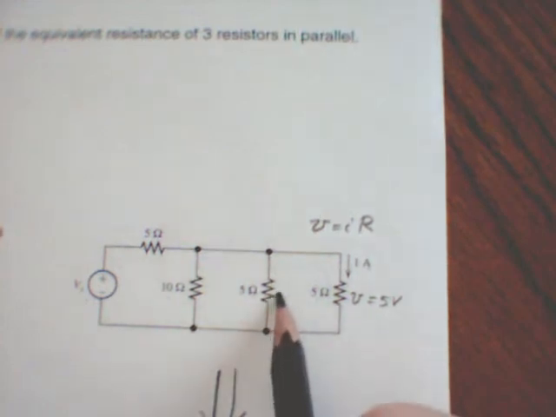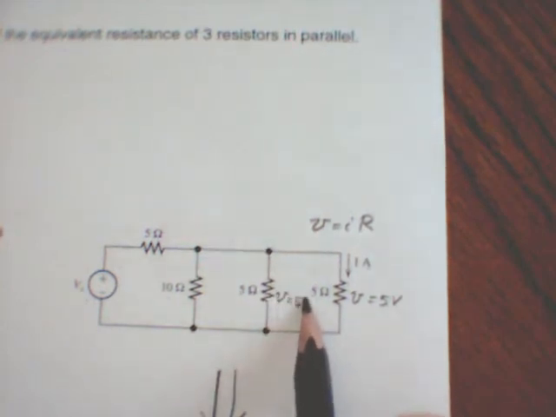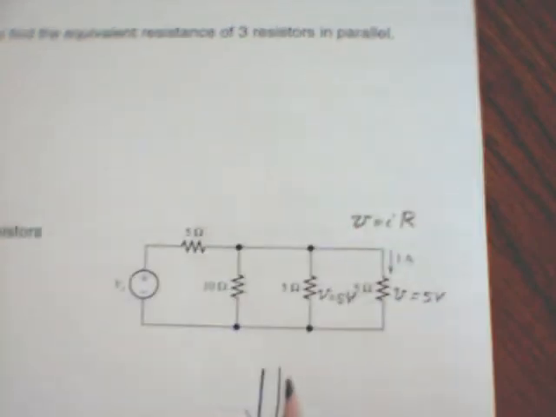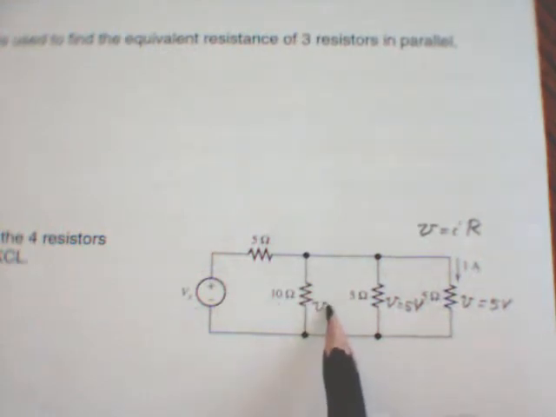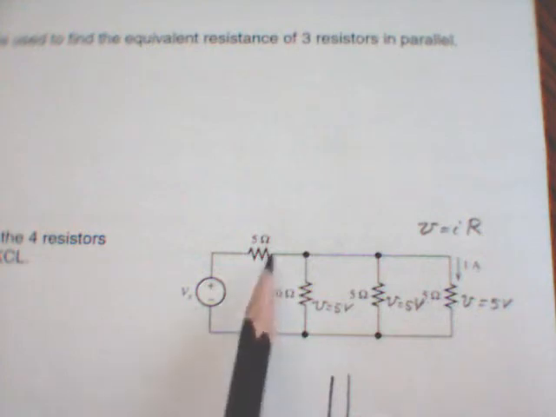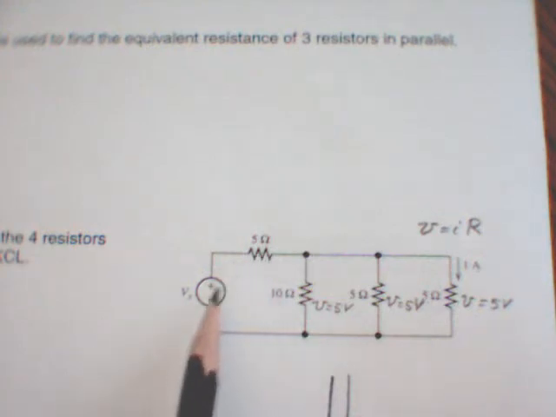Anyway, so this gives us the voltage drop across this one to be 5 volts. So little v is equal to 5 volts. And then this one is also 5 volts as well. Now we don't know what this one is over here. If we did, that would really help us out in finding this one, because then we would have a rise and 2 drops, and that would be easy to figure out.